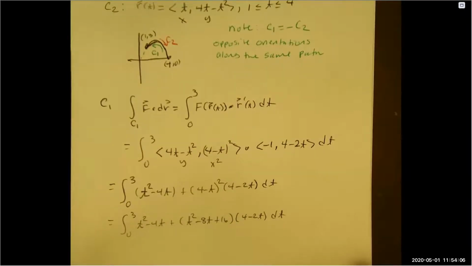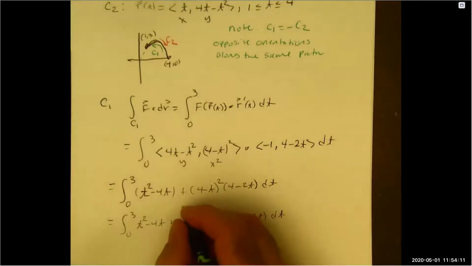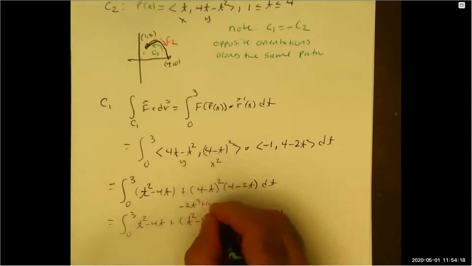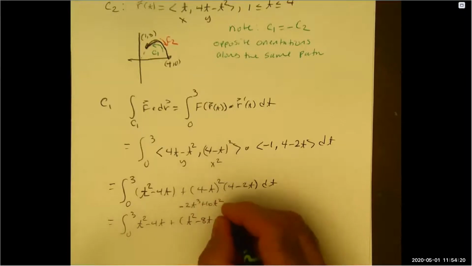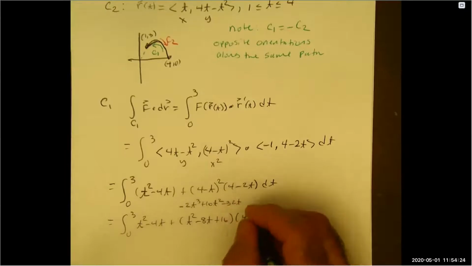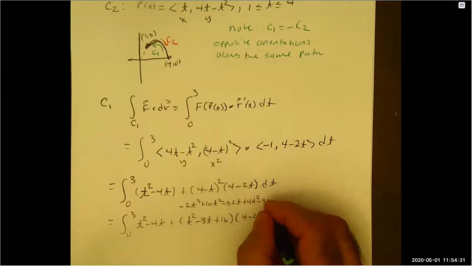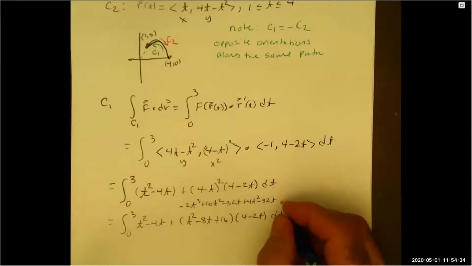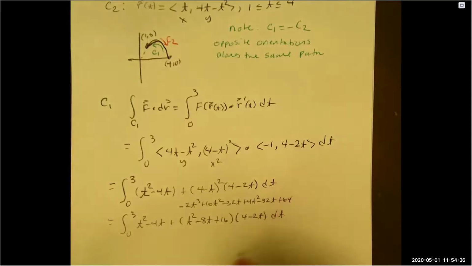Now, if we go ahead and multiply it out, we're going to have minus 2t to the third plus 16t squared minus 32t plus 4t squared, and then minus 32t plus 64. So that's the result of just multiplying these out.